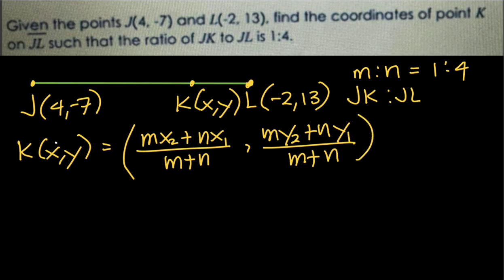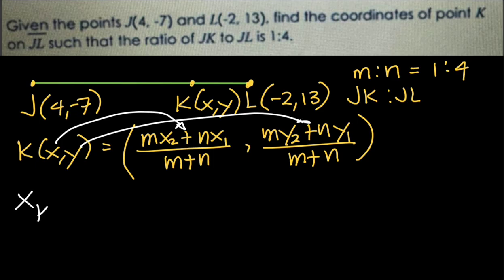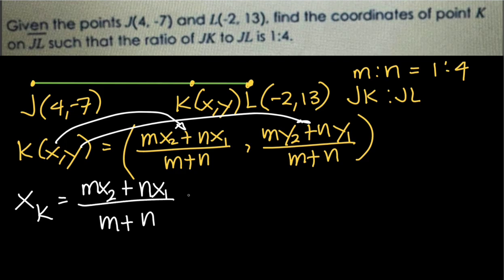The x coordinate corresponds to this, and the y coordinate to that one. Let's solve for the coordinates of point K separately. So the x coordinate of point K is just equal to m x sub 2 plus n x sub 1 over m plus n. Then we plug in all the values.